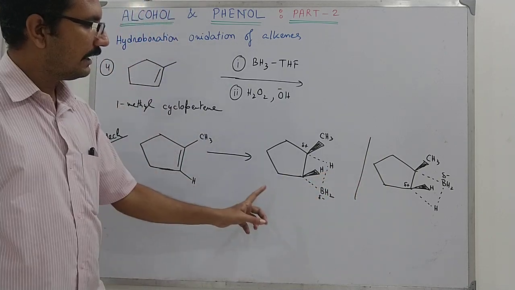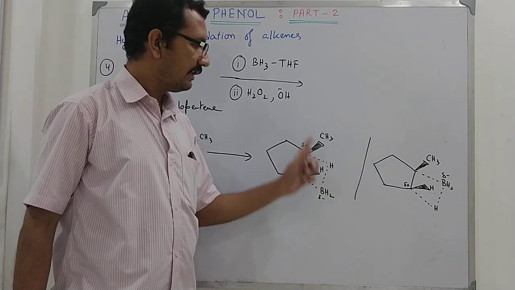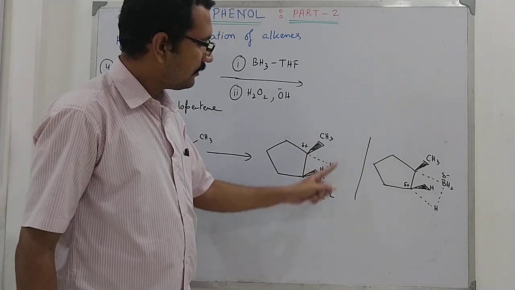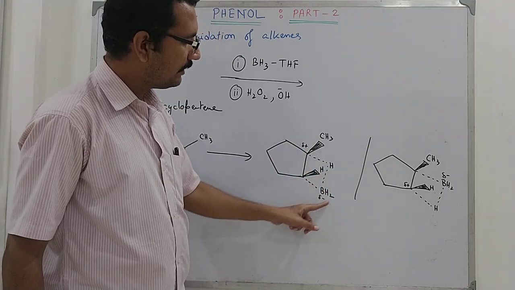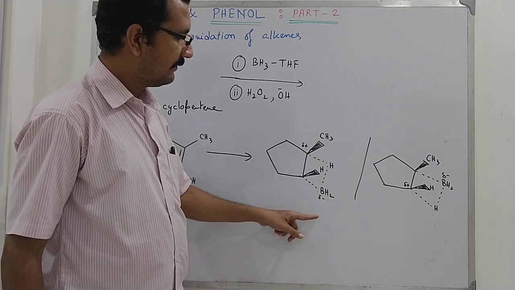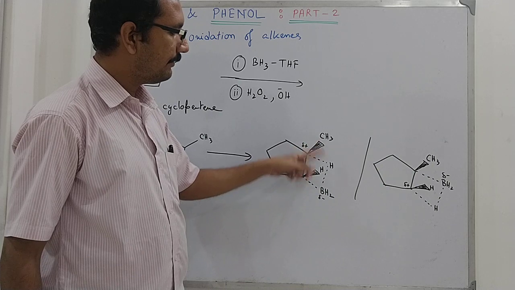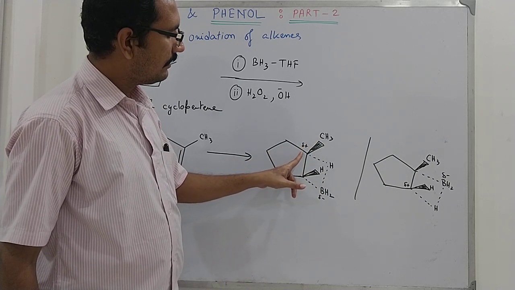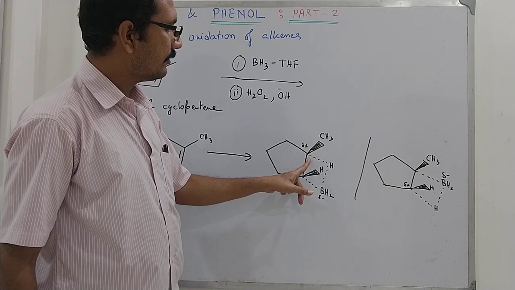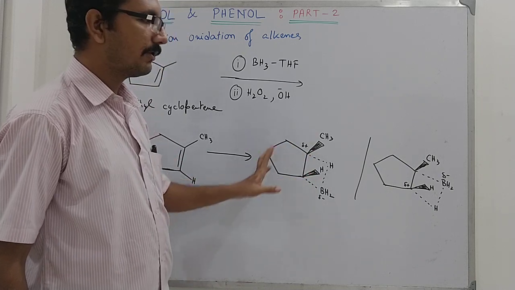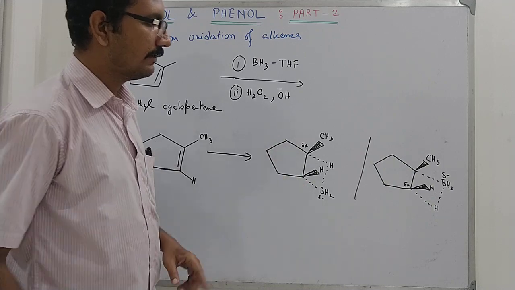I have already told you that you have to consider both the steric factor and the electronic factor. See, here there is no steric hindrance since the bulky groups are on the opposite side and much distant away from each other. And here you see the partial positive charge lies on a 3-degree carbon, so there are 3 plus I effects and a lot of hyperconjugation which can stabilize this.